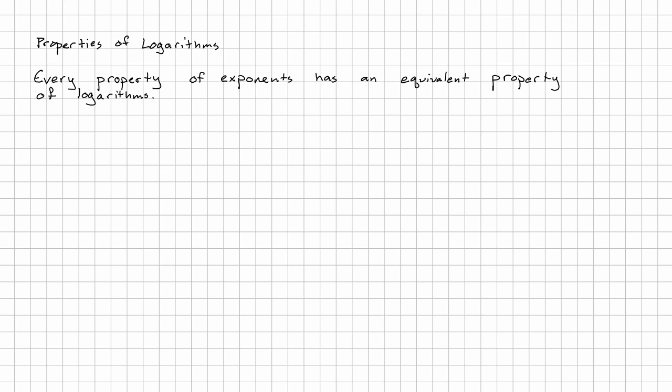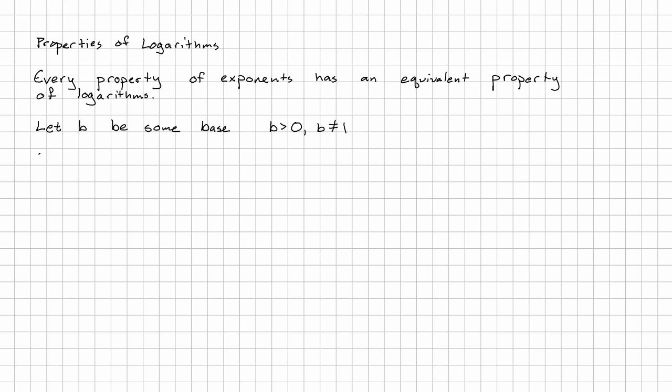To do that, we're going to use some symbols. So we're going to fix a base. And what we mean by that is it's a positive number and it's not 1. So it's one of the numbers that we might have as the base in an exponential function or a logarithm.